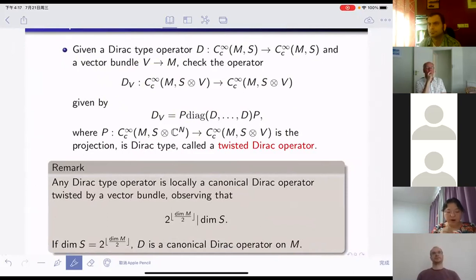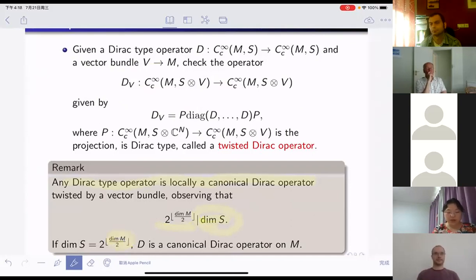First of all, we remark that all Dirac type operators act on some bundle, and it is an observation that this vector bundle has a dimension that can be divided by some power of two, and this power of two simply depends on the dimension.